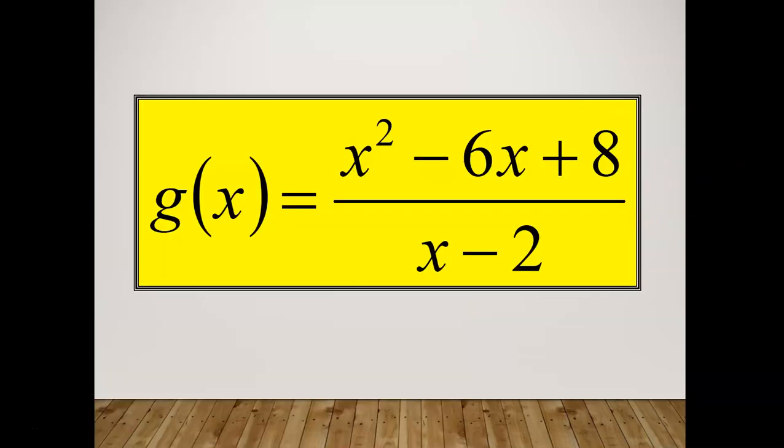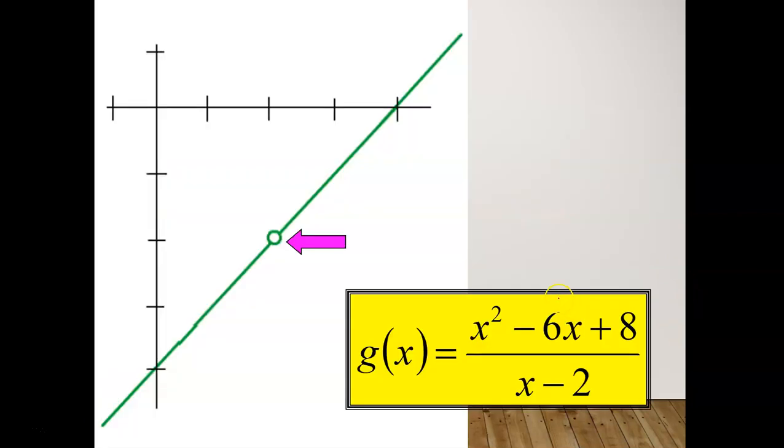Next example, if you are given g(x) equals (x squared minus 6x plus 8) over (x minus 2). So with x minus 2, in order for g(x) to be defined, x cannot be 2. Meaning that your graph will have a hole where it cannot touch at 2.